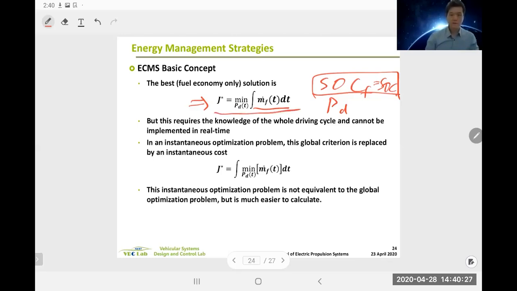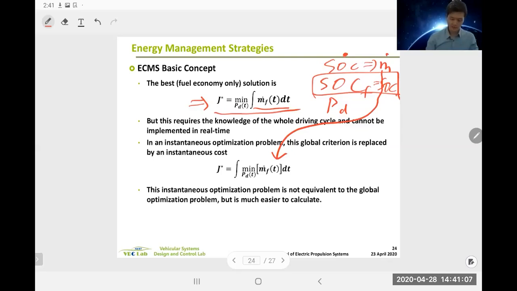But if we can somehow turn SOC dot, which is battery energy consumption, and convert that into fuel cost, then we can put that in here and optimize with an instantaneous approach.